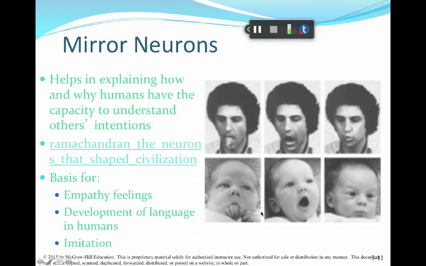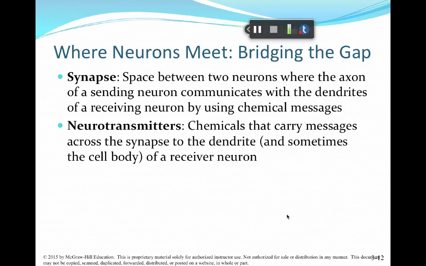So there are mirror neurons. If you look at a baby that is 12 hours old, stick your tongue out, they'll do the same thing. So that's an example of mirror neurons. We can also think about this as important in terms of empathy feelings.